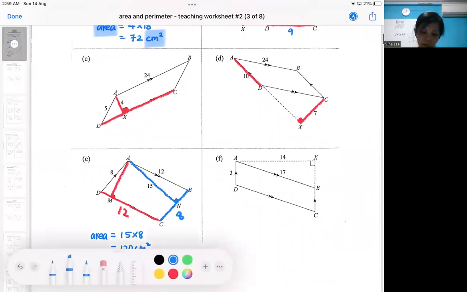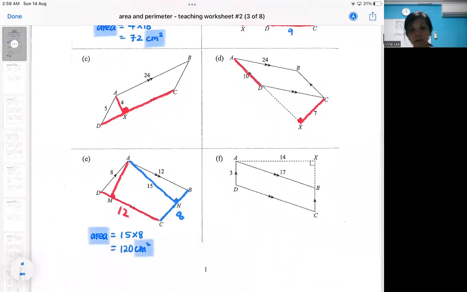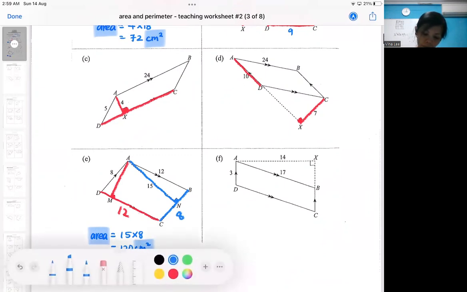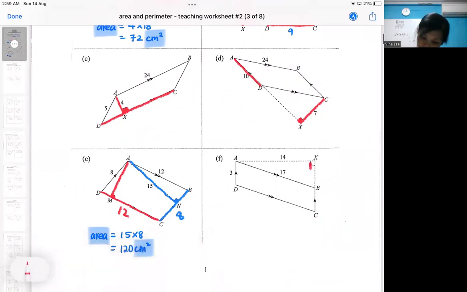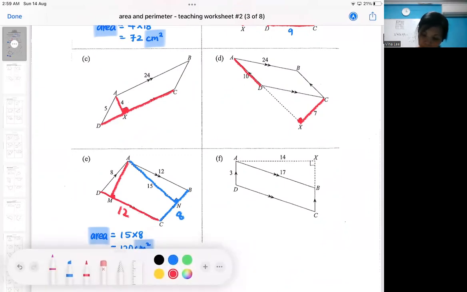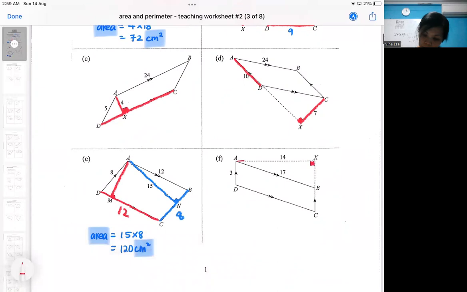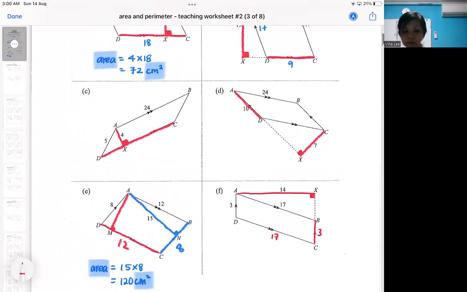So again, label units. Use the 90 degree to help you. In this case, I will use a 14 and this one, which is 3. Okay, so this is the idea of parallelogram. You use the pair that is perpendicular.